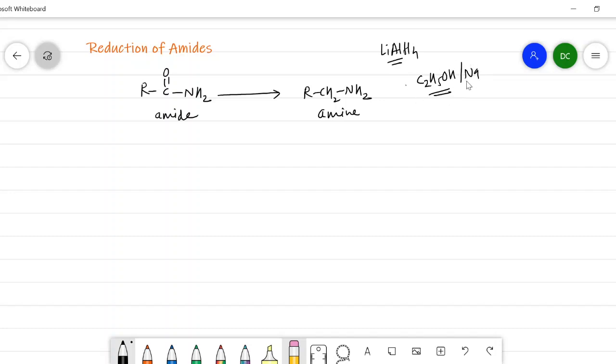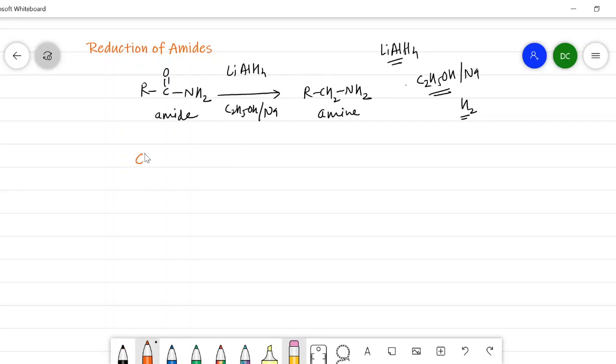By the reaction of ethanol and sodium, we get hydrogen, and that will reduce this CO group into the CH2 group. So I will write here lithium aluminum hydride or C2H5OH and sodium. In this way, we can convert amide into the corresponding amines.